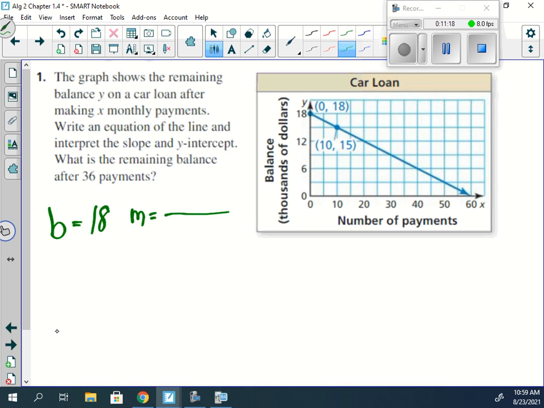Well, we'll use the y2 minus y1 over x2 minus x1, because essentially that's what we'll have to do. Well, we can start off with 18 minus what? 15, because y2 minus y1. Right here.